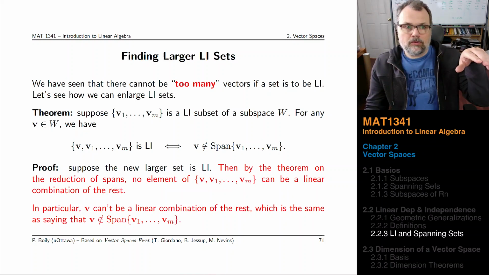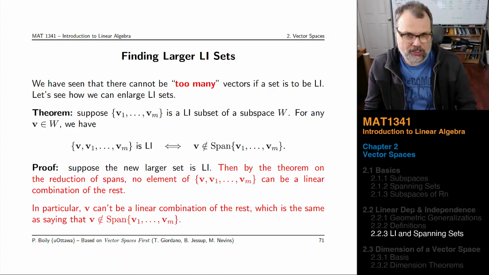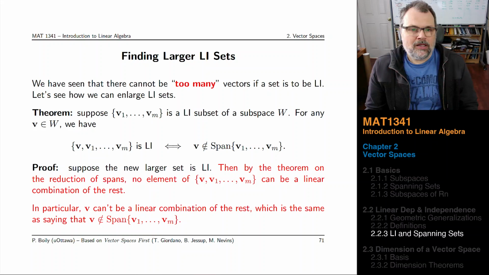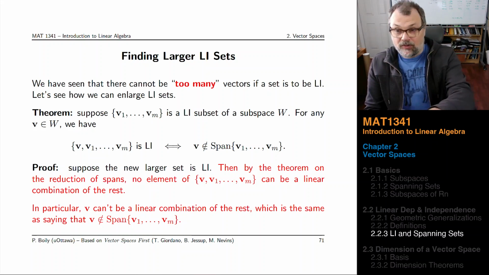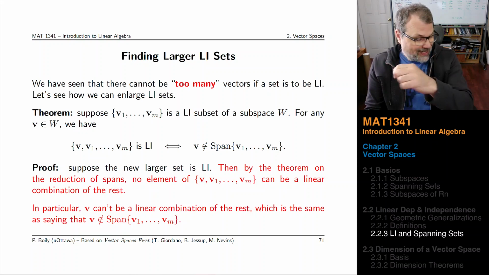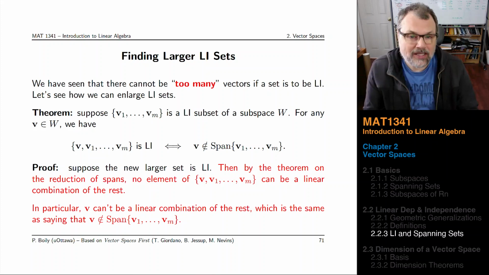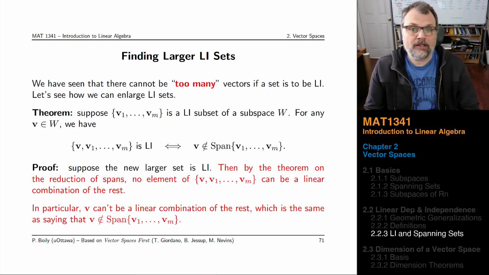So we've seen that if you have too many vectors in a set, whatever that means exactly remains to be expressed, but if we have too many vectors in a set, the set can't really be linearly independent.